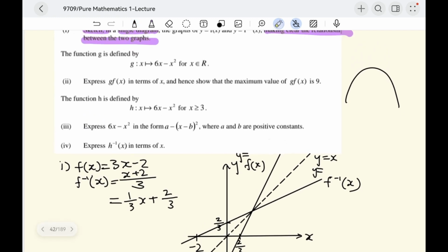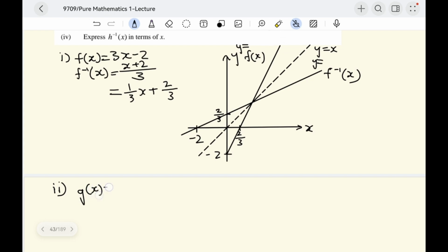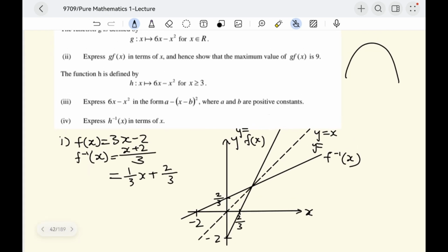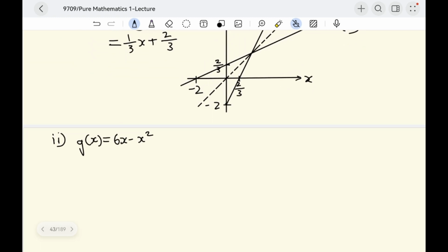So given that g(x) is defined where g maps x to 6x minus x squared for x in all real numbers. Okay, let's rewrite g(x) equals 6x minus x squared. So after you find the composite function g of f(x), it is of course a quadratic function, since g(x) is a quadratic function.